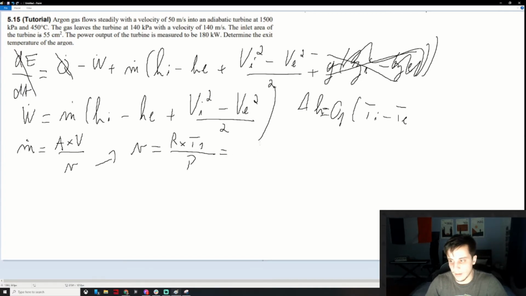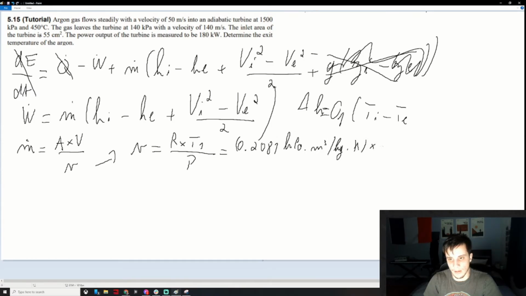So everybody's happy. For argon at 450 Celsius, so 723 Kelvin, this is the value. It's 0.281, in kilopascal times meters cubed divided by kilograms times Kelvin.